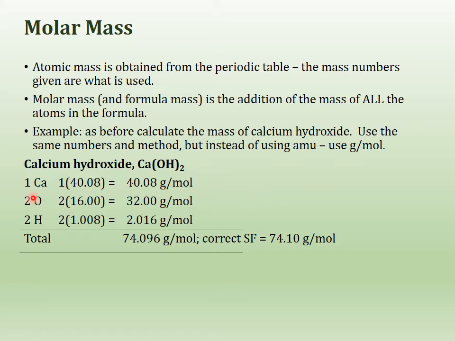Now here we have calcium, oxygen, and hydrogen yet again. So we have the same mass numbers from the periodic table, but now our units are different. And now what this means is that in 1 mole of calcium hydroxide, we have 74.096 grams. Okay, all right. Let's go on.